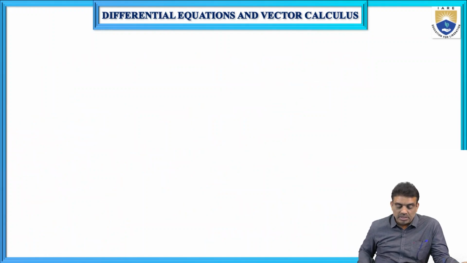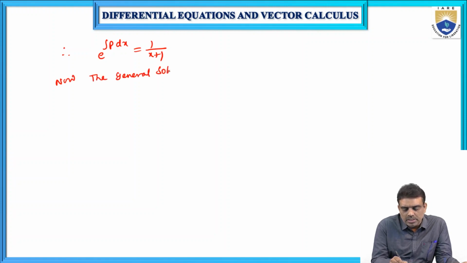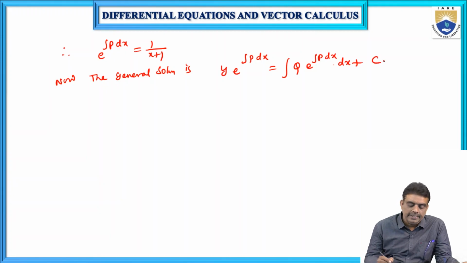So now the solution will be, therefore, e power integral p dx value is 1 by (x plus 1). Now the general solution is y into e power integral p dx is equal to integral q into e power integral p dx plus c.